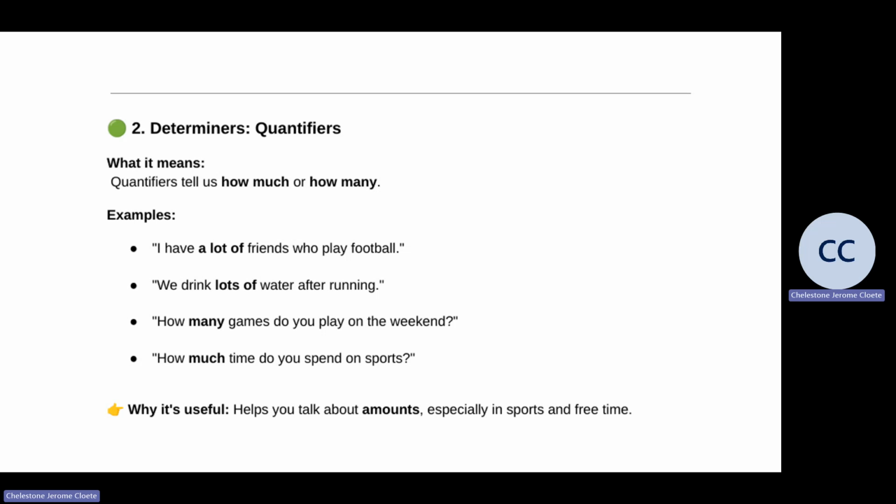We can say there is some amount of it. For example, there are 2 liters of water. There are a lot of or lots of water. Right, so things that you can count, you use how many. Things that you cannot count, we use how much. Right, thank you. Let's go to the second part.